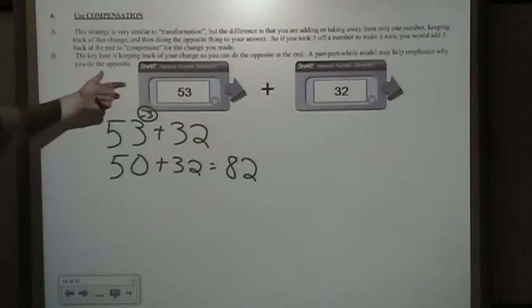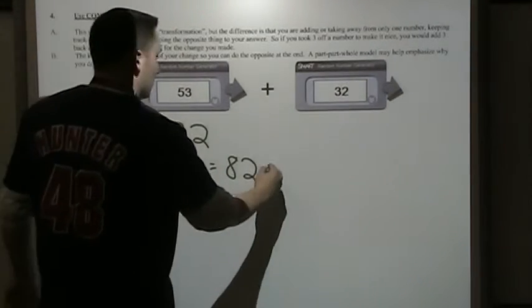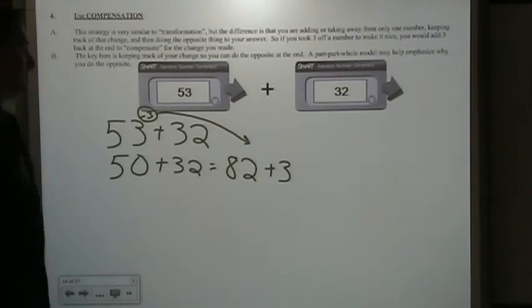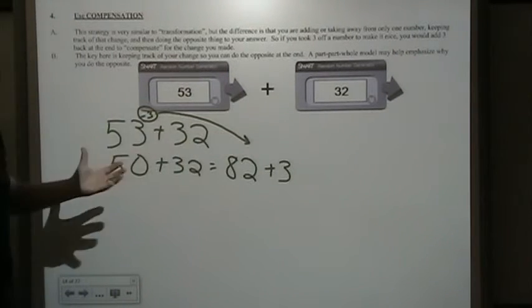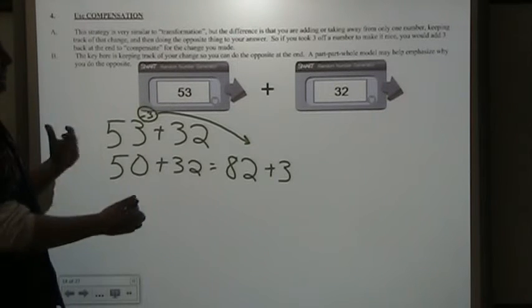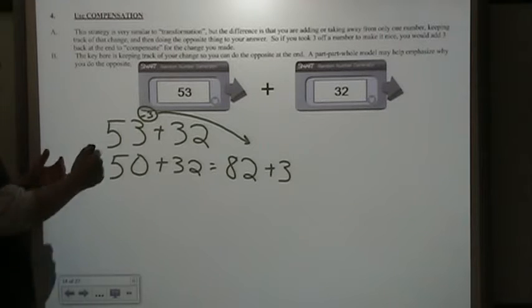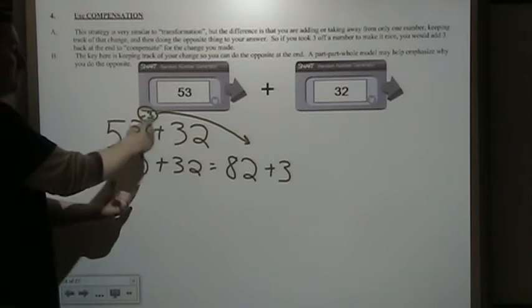Since I took 3 off in the beginning, I have to add 3 back at the end. Okay, so compensation is keeping track really, and it's adding it at the end, or changing it at the end result instead of changing it as you go. I like transformation better because this next step keeps the problem the same and the kids don't forget.